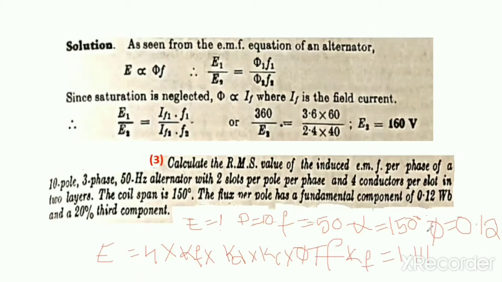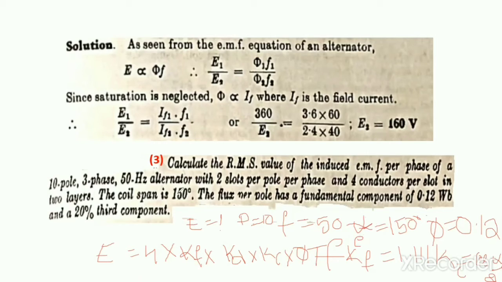And then, what is the formula for KC? KC is equal to cos alpha by 2. In this case, we calculate the alpha value. This is not alpha, this is the electrical degrees.